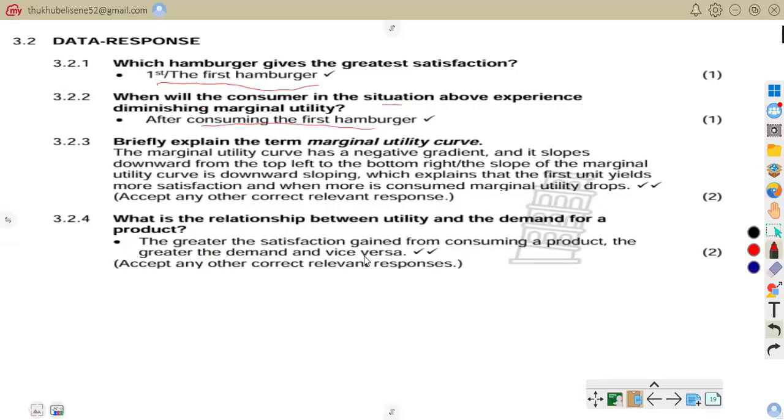So after consuming the first burger, that is when diminishing marginal utility will happen. Like I've said, that is when satisfaction decreases as more units are consumed. Hope we are together on that.